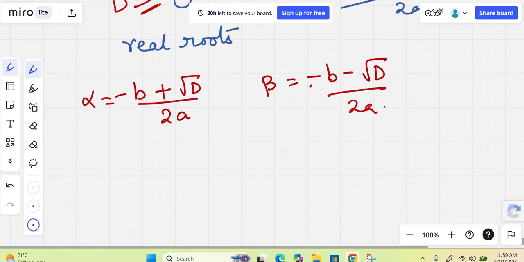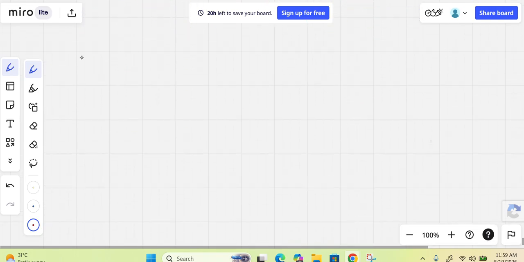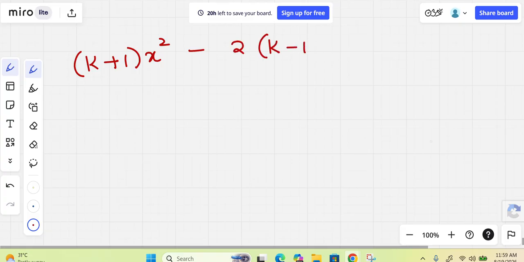Will you be able to find the value of k in this? Is it possible to find the roots of this? Check.